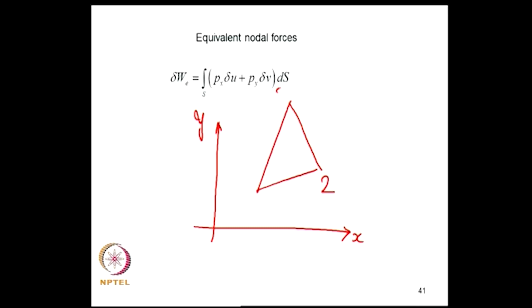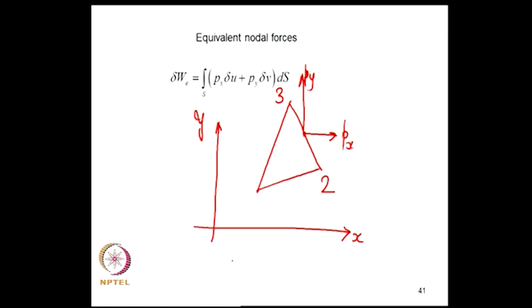suppose there is an edge 2 3 in a triangular element, and the loads will be in the plane of the element, it is a plane stress problem. Suppose at any point here there is a load Px and load Py. Now, when we formulate the finite element model, we also need to assemble the nodal forces.